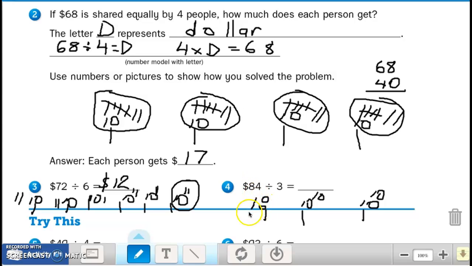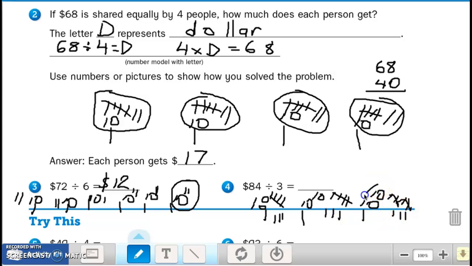Now we've got to go to 84, so we're going to use our dollars now. 60, 61, 62, 63, 64, 65, 66, 67, 68, 69, 70, 71, 72, 73, 74, 75, 76, 77, 78, 79, 80, 81, 82, 83, 84.